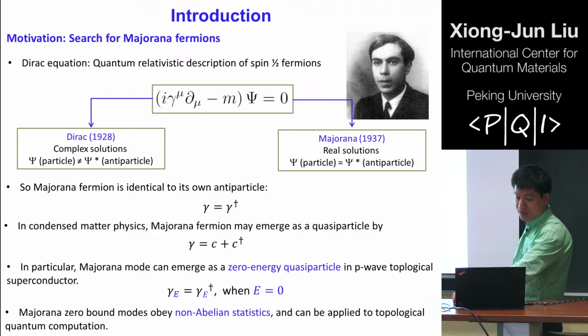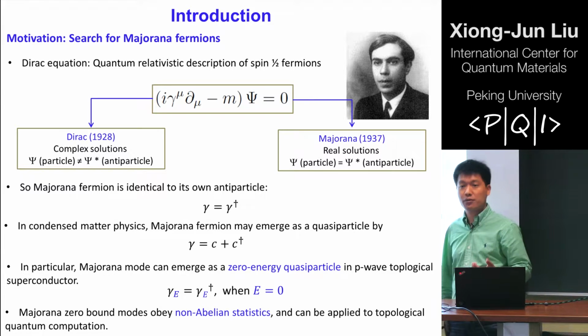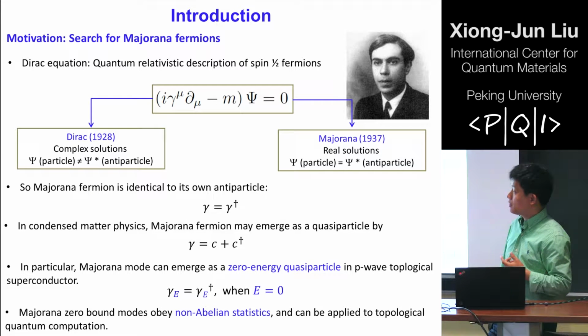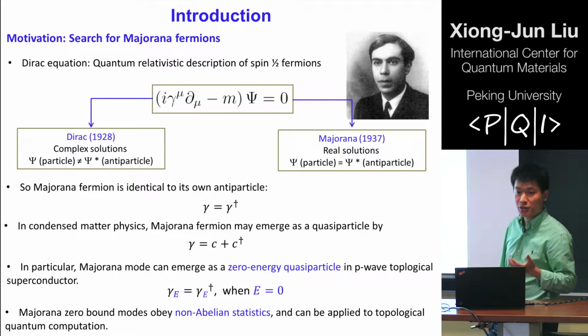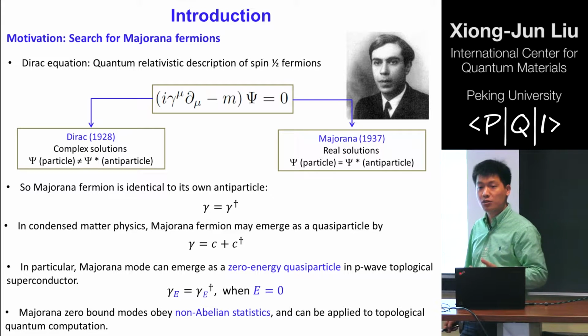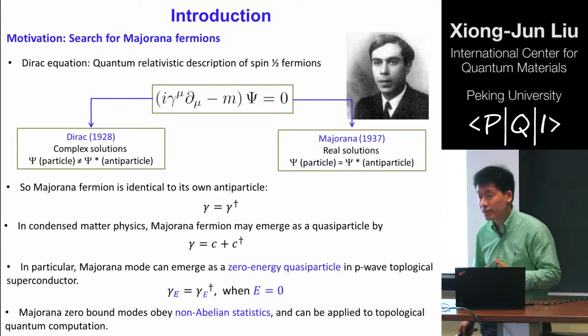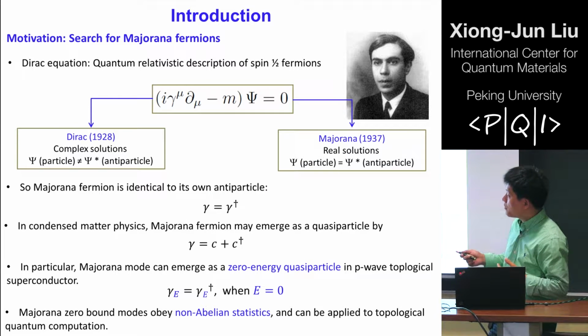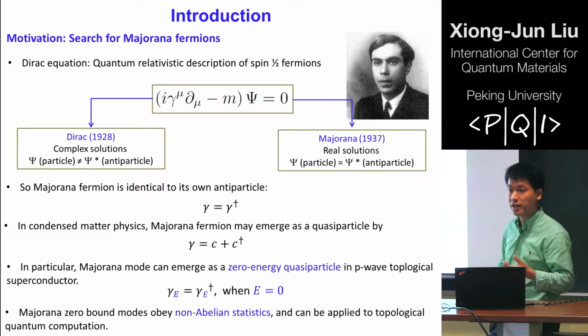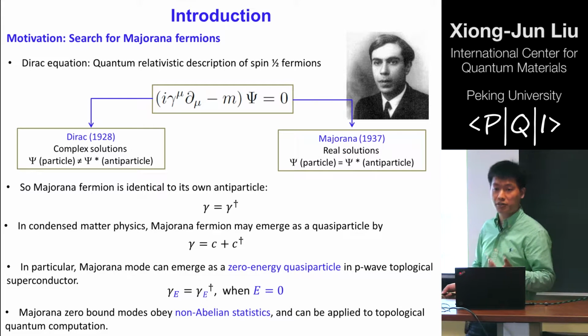Of course, in condensed matter physics, the elementary particle we only have is the electron. So to realize the Majorana fermion in a condensed matter system, we can only obtain some kind of quasi-particle which might be a Majorana fermion. In condensed matter, for the electron we also have an effective picture for the hole, which can be understood as the antiparticle of the electron.